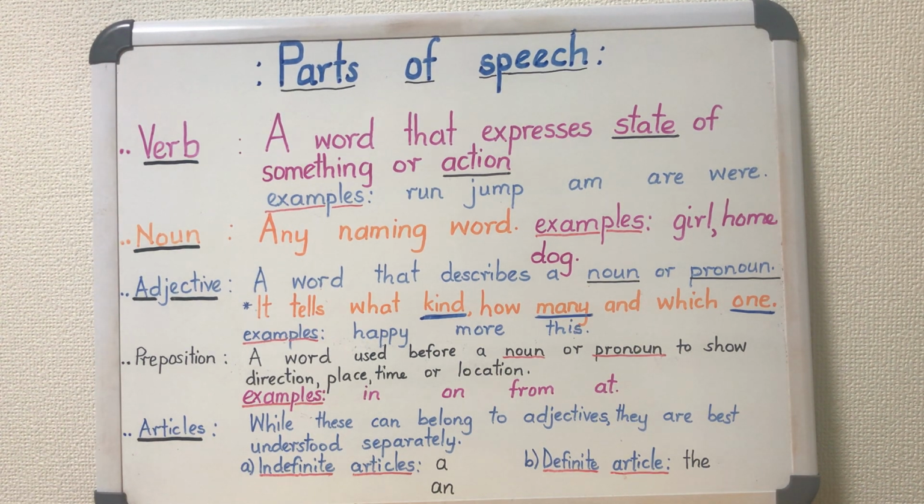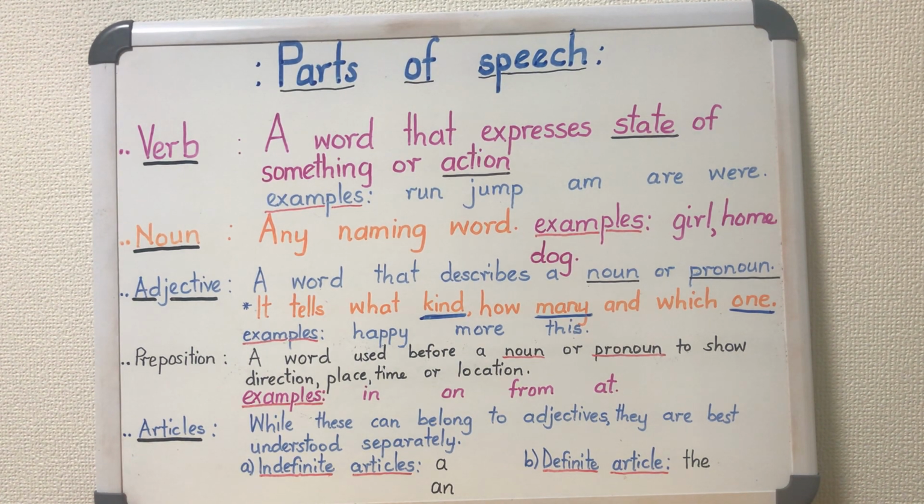The first one on our list of parts of speech is a verb. My short description of a verb is that it's a word that expresses state of something or action. I deliberately underline the state. So we have verbs of state and we have verbs of action.